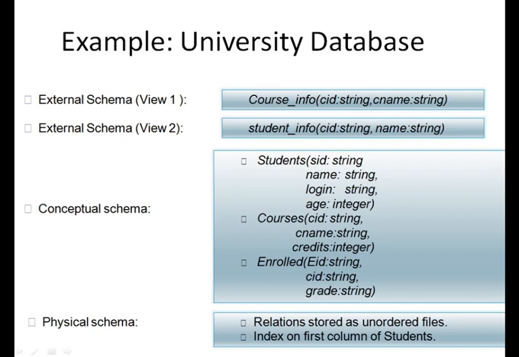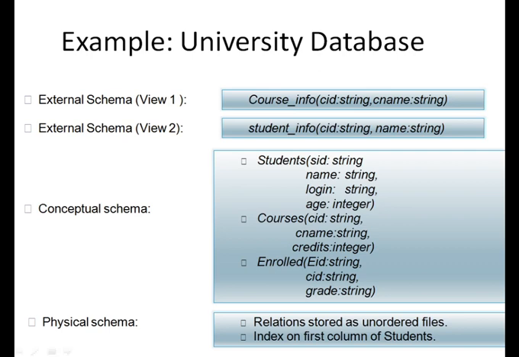For external views, if one user is using view 1, he only sees the part of the database, the course info table, or he is aware of only one view of the database, that is course info.